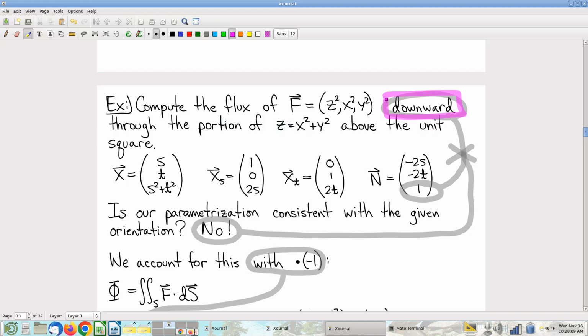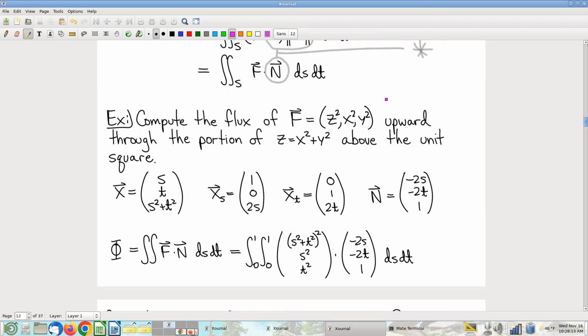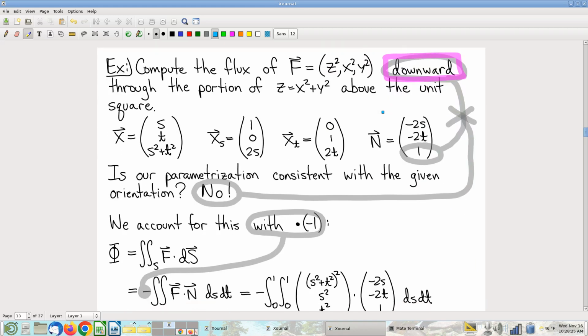So downward through this surface is the correct direction. By contrast, here was the original example. In the original example, it was upward. So that's the only difference, right? New question, how are we going to deal with the fact that this is a downward flux?